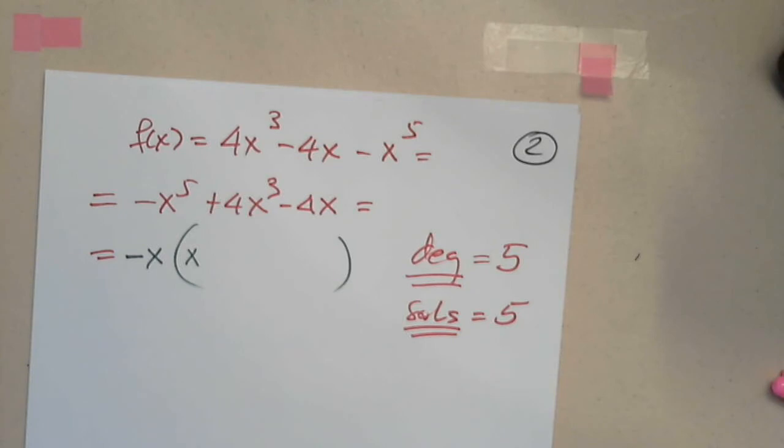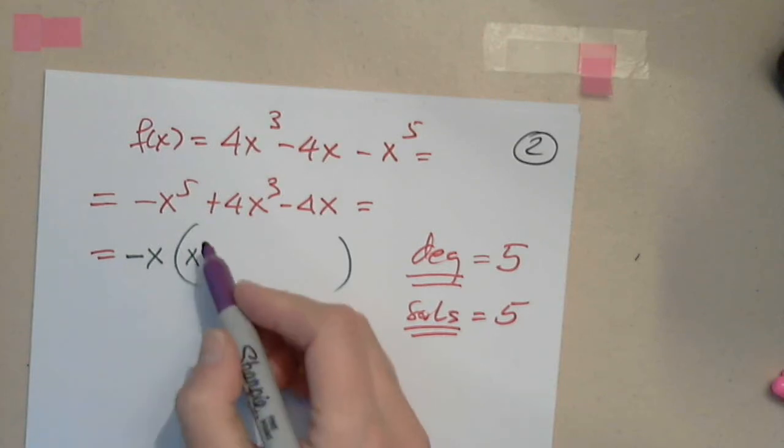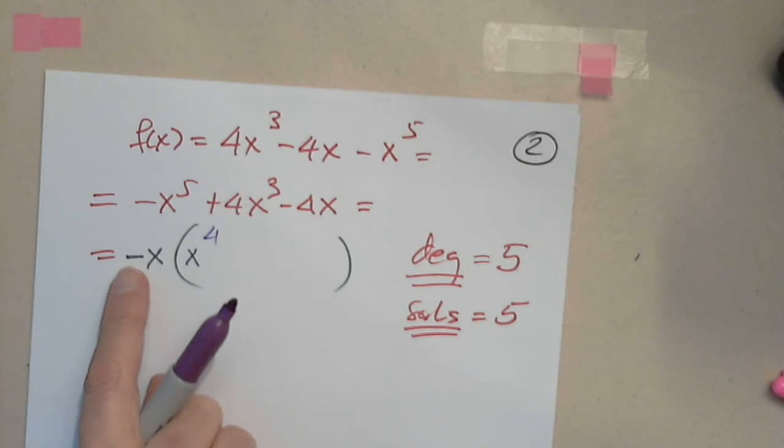Okay. So what is left in parentheses? Anyone? X to the fourth plus 4x squared minus 4.